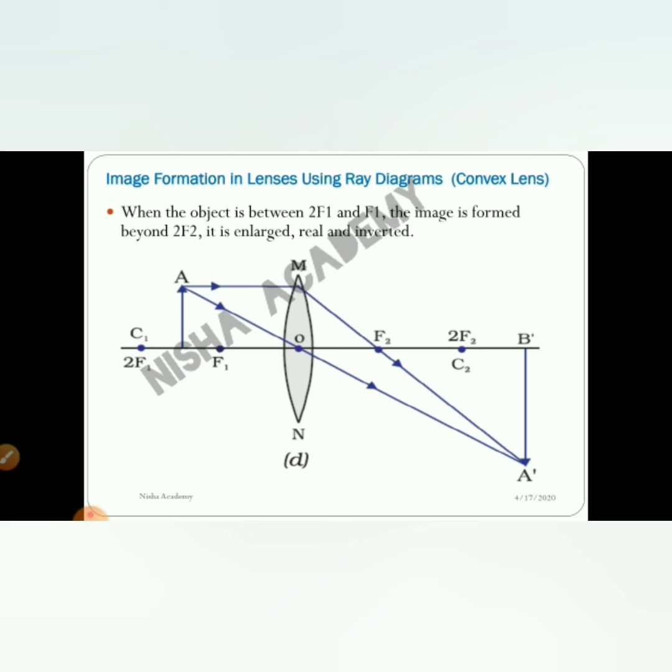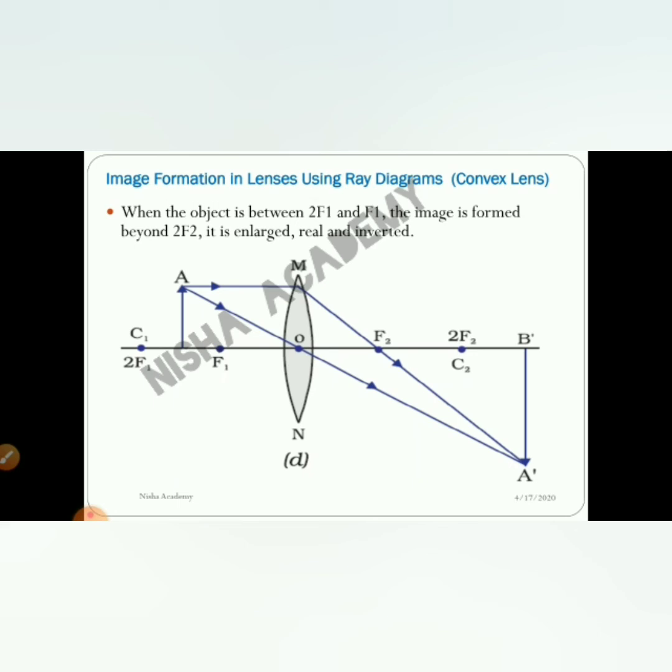The ray passing parallel to the principal axis passes through focal point f2, and the other, passing through the optical center, passes without any refraction, and they meet somewhere on the other side of the lens after 2f2.